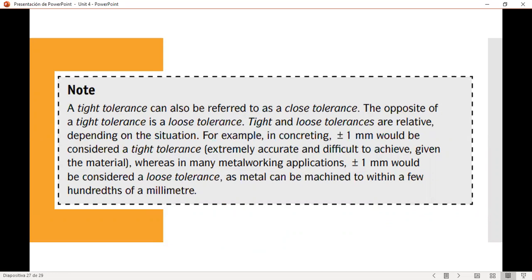Loose tolerance, in this case, means that we have a lot of tolerance range. Tight and loose tolerances are relative depending on the situation, of course.